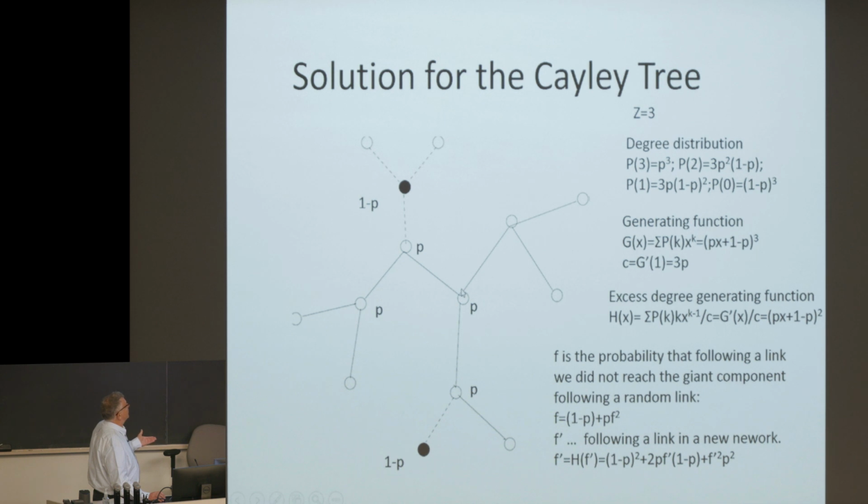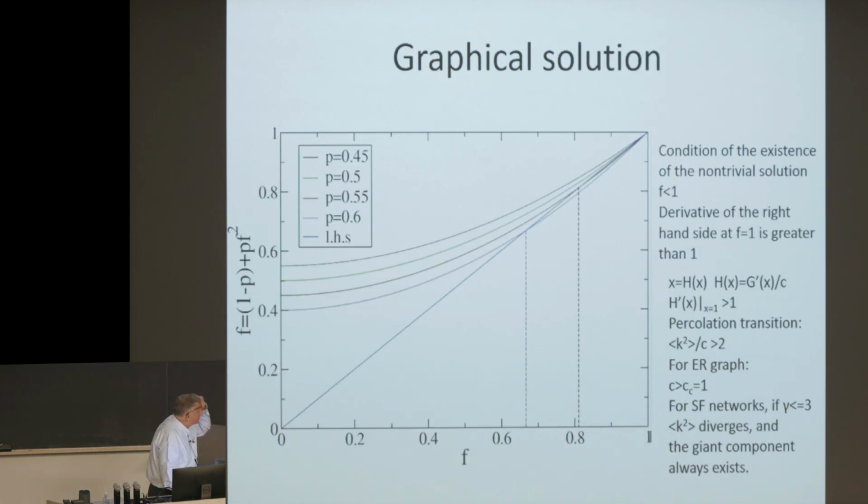And of course, the probability that both of these links will not go to the giant component is proportional to the square of the probability of each of these. So the simple recursive formula for the probability to not belong to the giant component is just given by this quadratic equation.